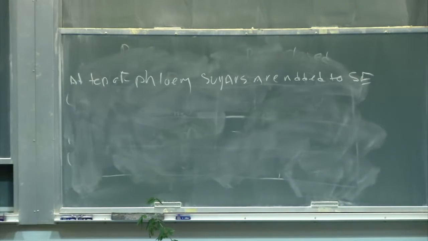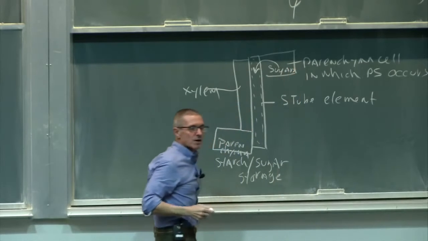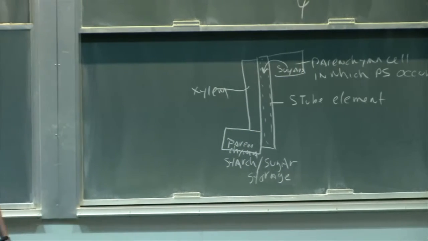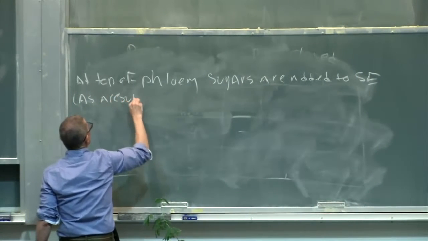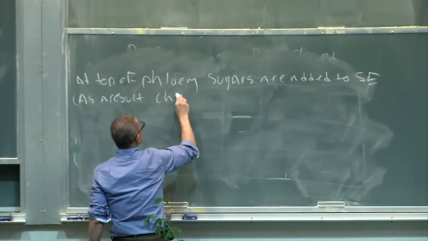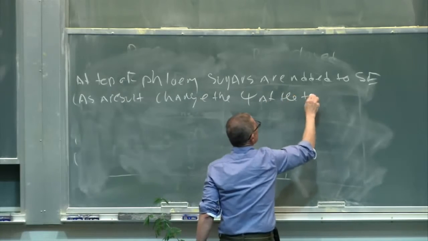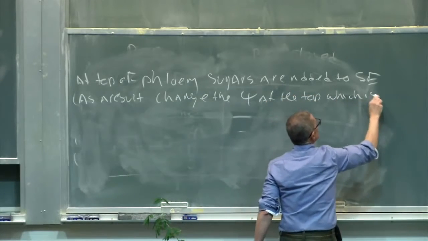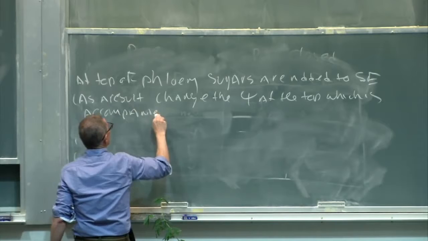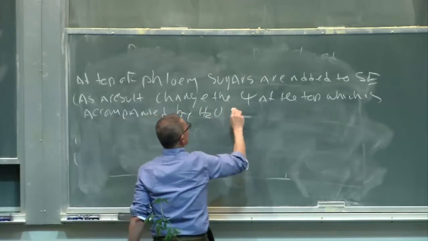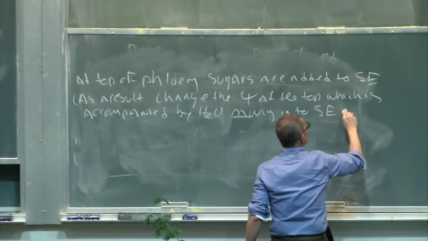So at this point over here, we have sugars being produced in relation to photosynthesis. As a result, we now change the psi at the top, which is accompanied by water moving into the sieve element at the top.